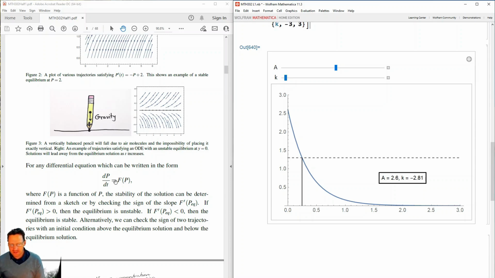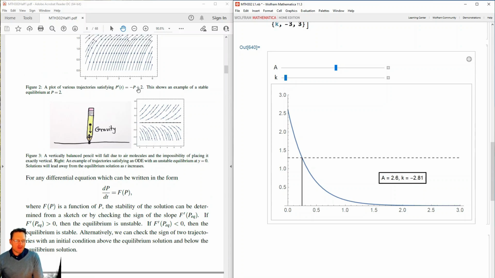So you simply differentiate this function with respect to p and then sub in that equilibrium solution that you found earlier. Okay, if f'(p_equilibrium) is positive, then we can deduce that the equilibrium is unstable. If f'(p_equilibrium) is negative, then we can deduce that the equilibrium is stable.